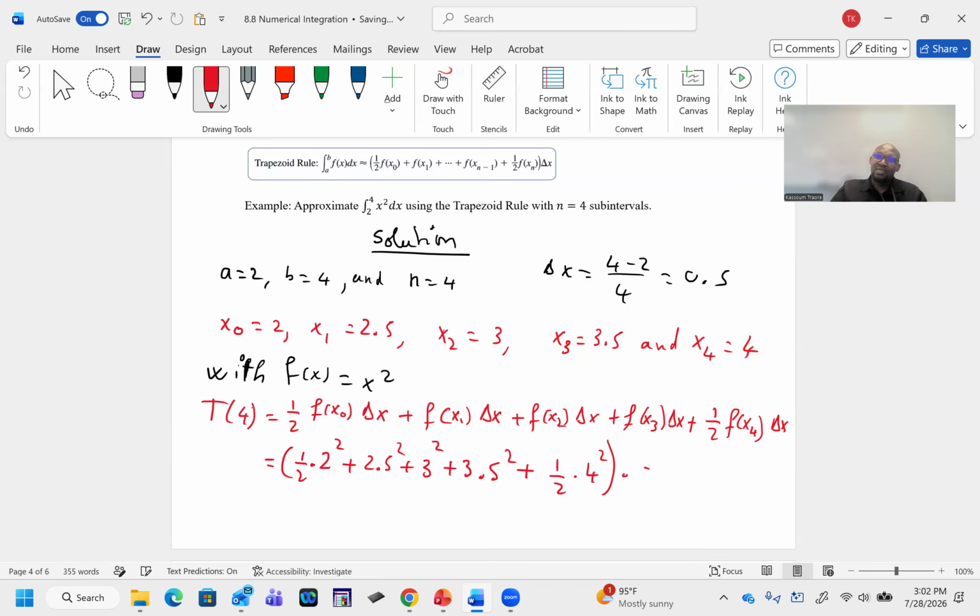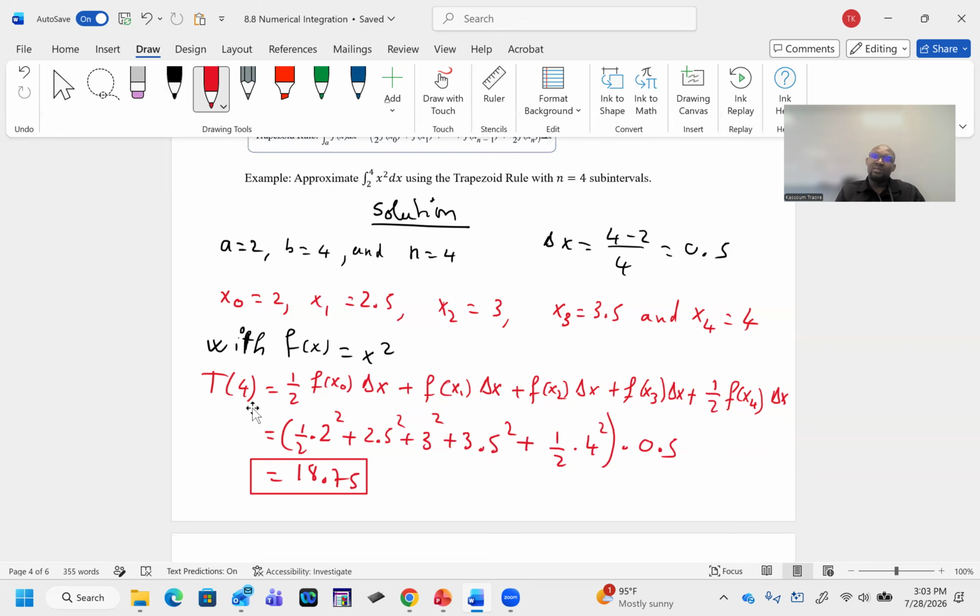My delta x is 0.5. So if you compute, this will give me 18.75. We know the exact value is 56 divided by 3. So you can again find the relative error and the approximate error if you want, using the same thing, okay?